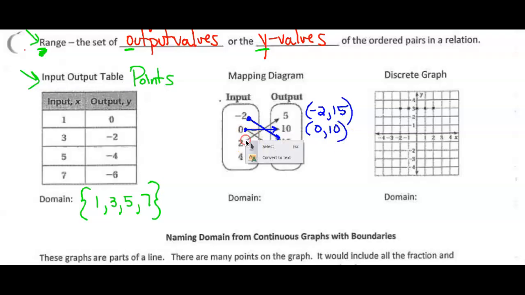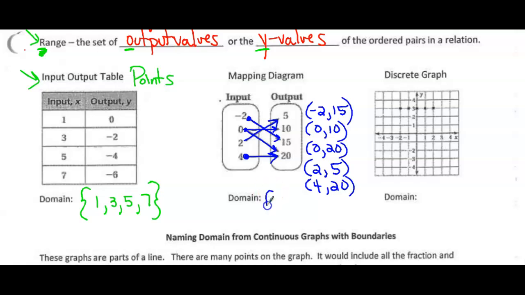The 2, whoops, I forgot one. 0 maps to 20. 0, 20. The 2 maps to 5. 2, 5. And finally, this 4 maps to 20. There are 5 ordered pairs in this relation.